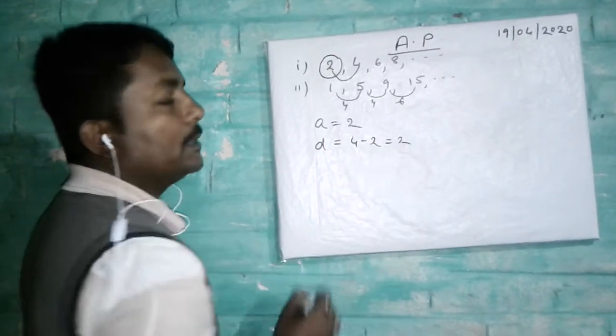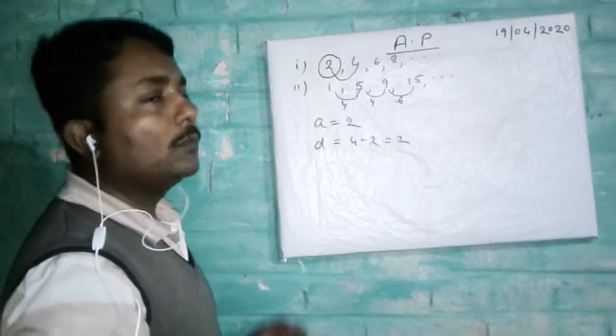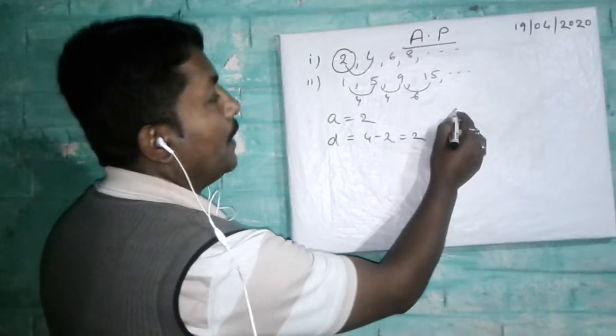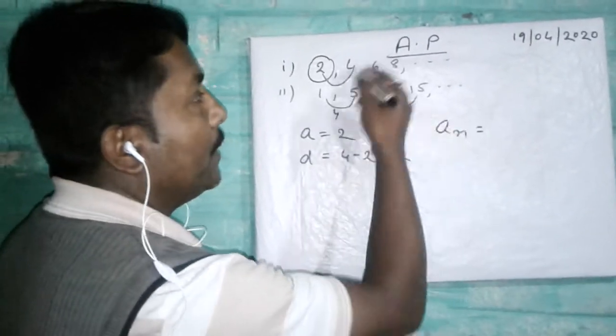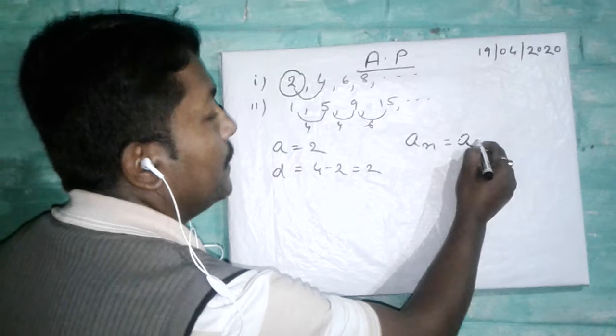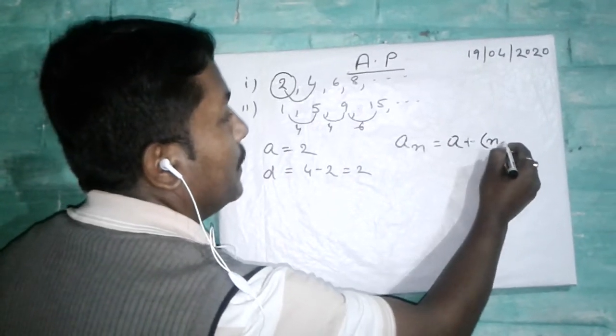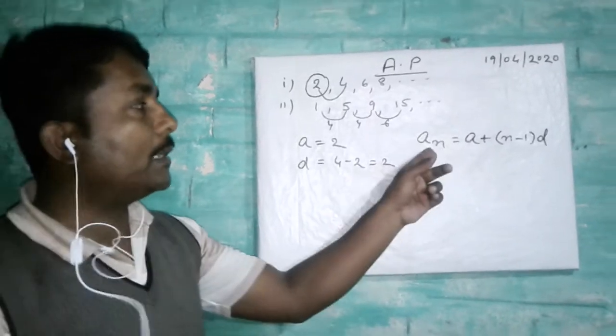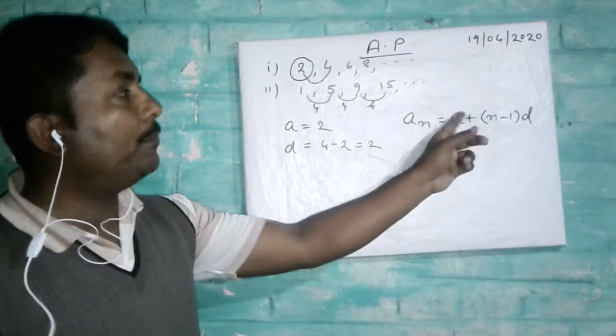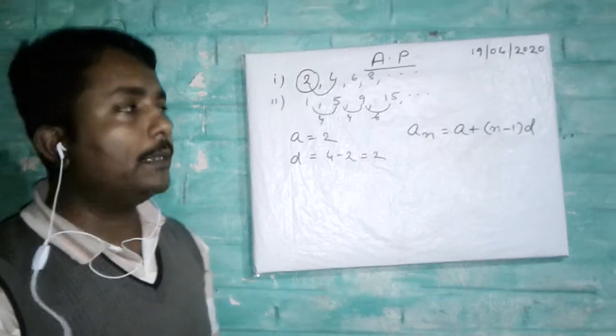So here the common difference is 2, the first term is 2, and by using one formula of AP we can find any term of the given series. The formula is A plus (n minus 1) into D. This is called the nth term of an AP.